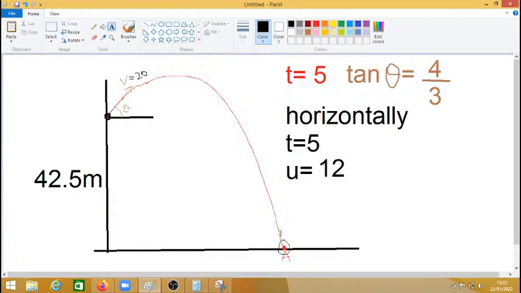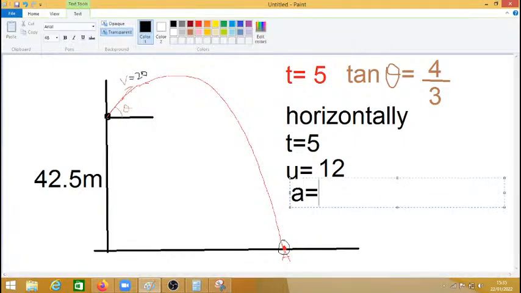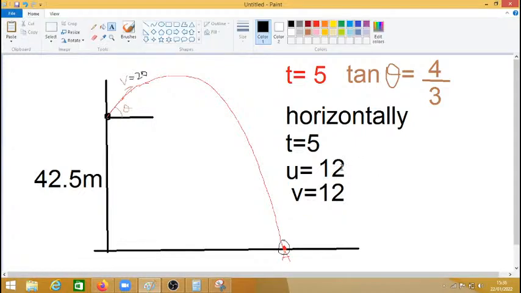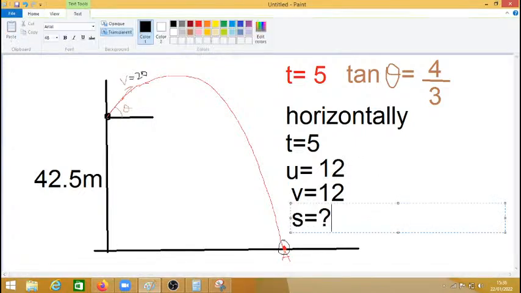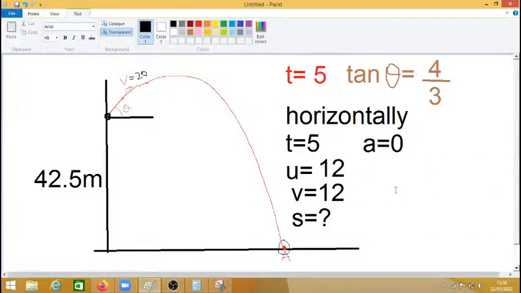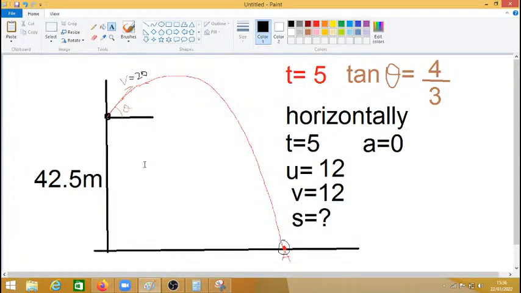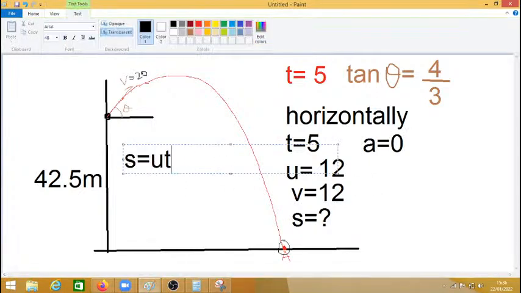We're trying to find this distance here. What else do we know? We know the acceleration is 0 horizontally, there is no acceleration. So the final velocity going horizontally is going to be the same as the initial one, which is 12. The s is unknown, and as I said, the acceleration is 0, so it looks like we're good to use the classic formula we've been using a lot.